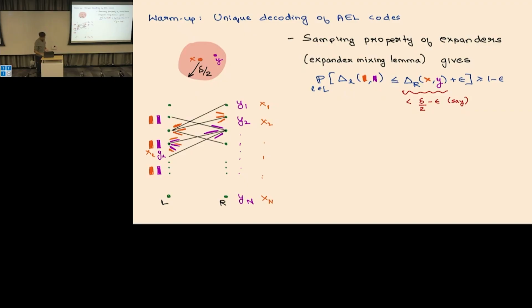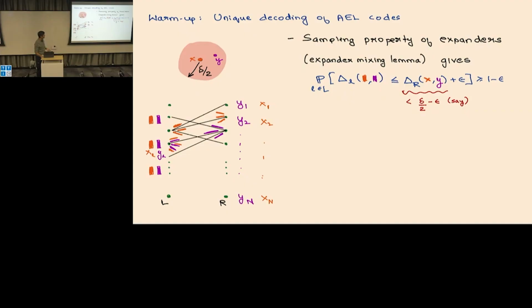What we need is some sort of sampling property of expanders, basically the expander mixing lemma, which will tell us that for most left vertices, the distance between the local projection of X and the local projection of this unknown Y that we are trying to find will be the same as a fraction as it was between the big X and Y. We don't know why, but for any Y this is true: for most left vertices, the distance between X and Y locally is upper bounded by what it is globally.